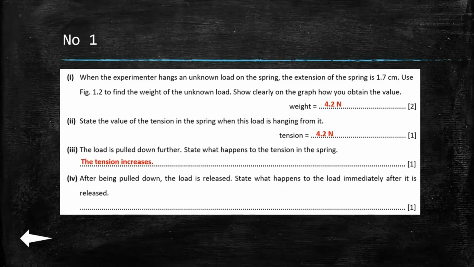Then the tension will be greater than the load. Remember, the direction of the tension is upwards. So, the tension will pull the load upwards. The answer can be the load is pulled up by the tension of the spring, or the load goes up, or the load moves upwards.